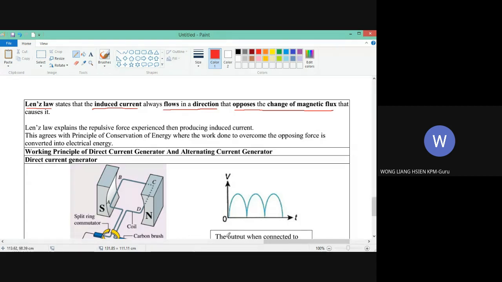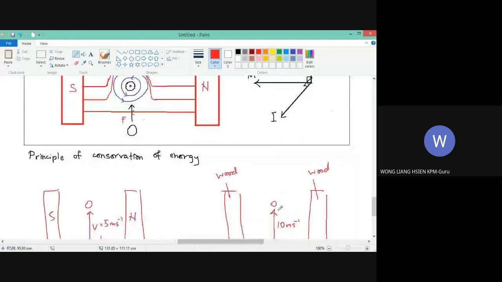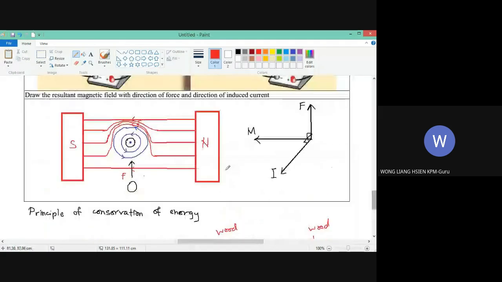For example, this one. At first, the magnetic flux is a straight line, right? North to south, straight line. But when you push in, you cause changes to the magnetic flux. That means you disturb the magnetic flux.